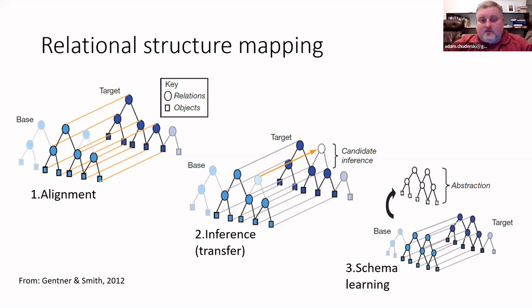Then we use our knowledge to predict what should be the missing element in the structure of the target. And probably if we are successful, we can abstract a more abstract schema and even learn it and use it in the next cases of analogy making.